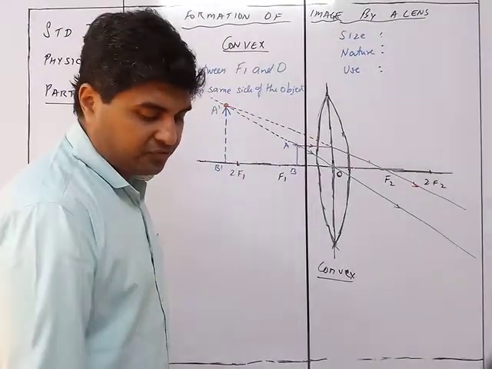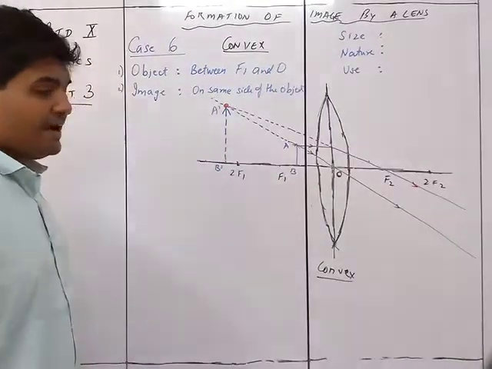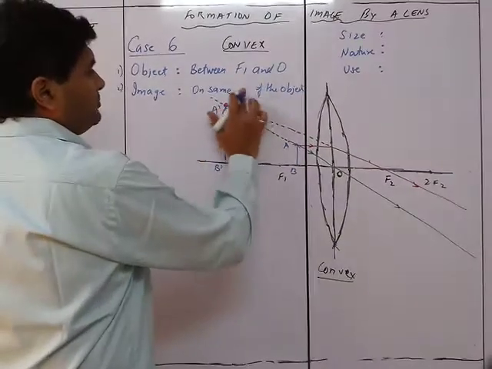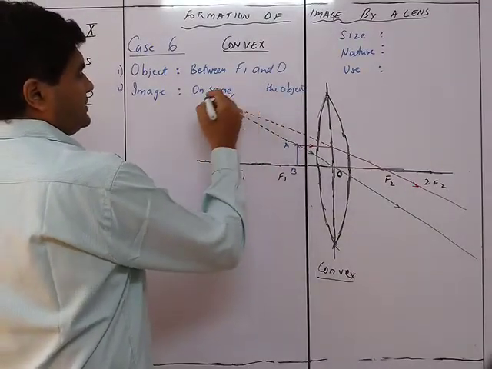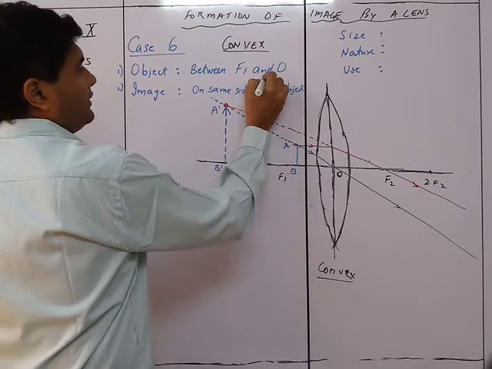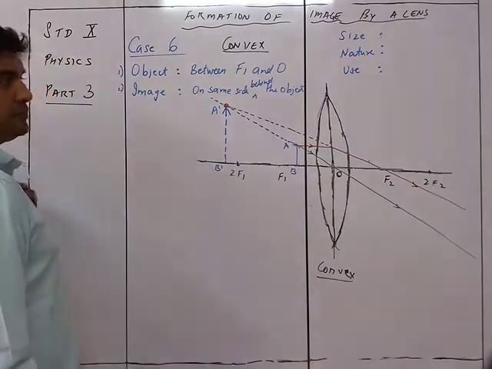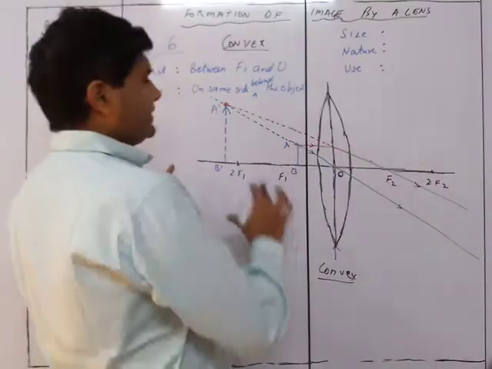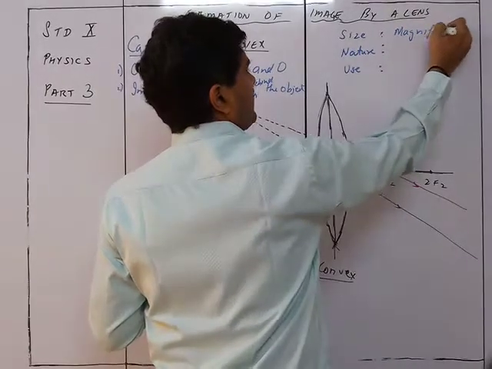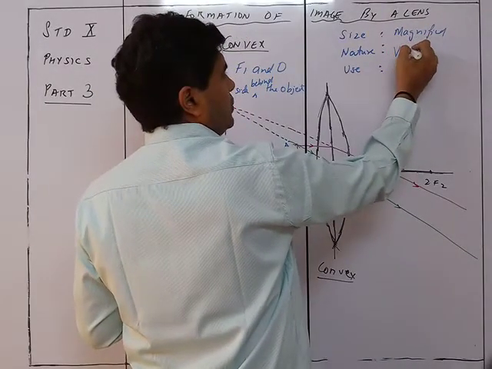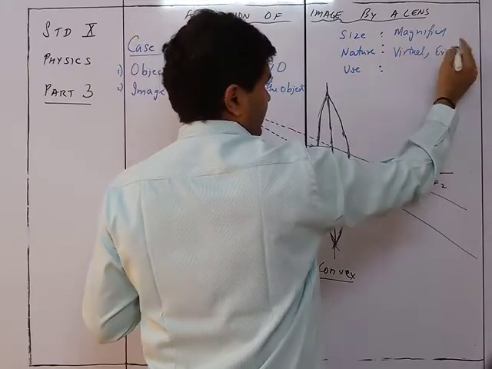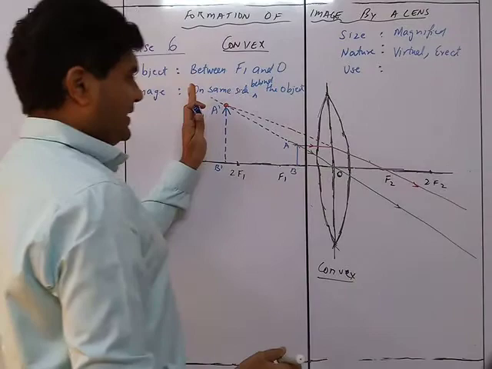The image is formed on the same side of the object, behind the object. Size wise, it will be magnified. Nature is virtual. This is the first time it is virtual. Virtual and erect.